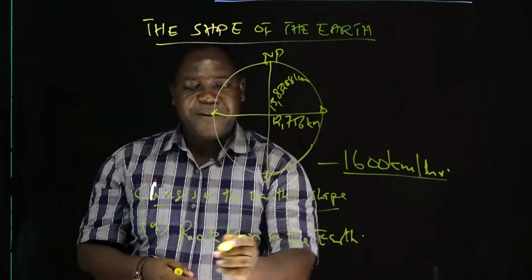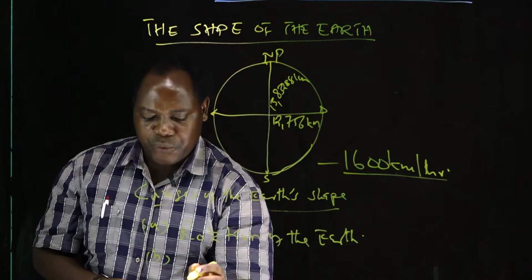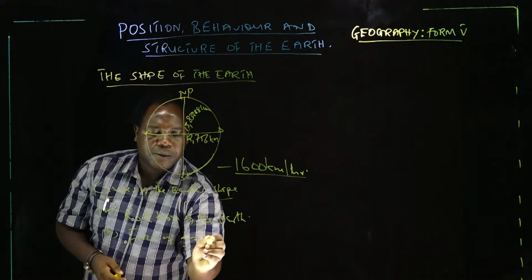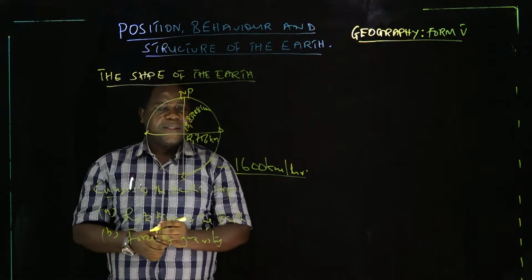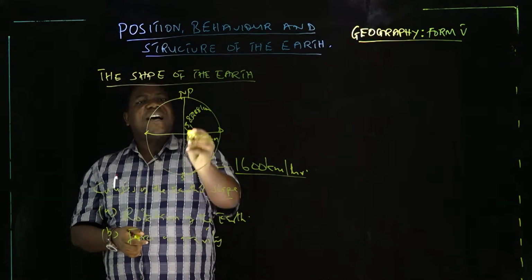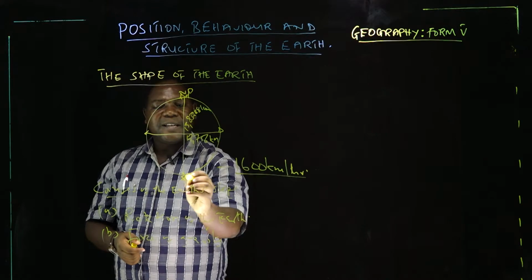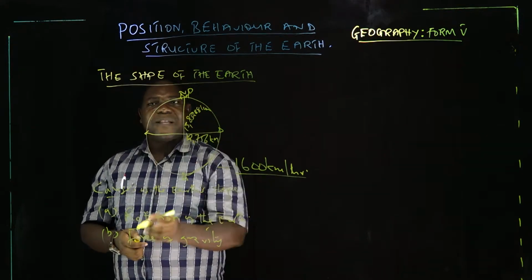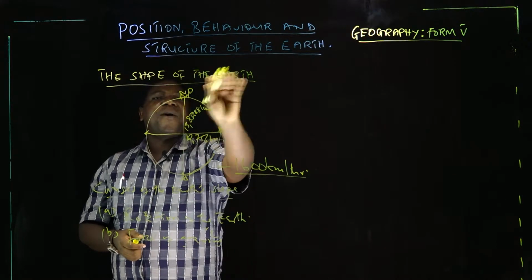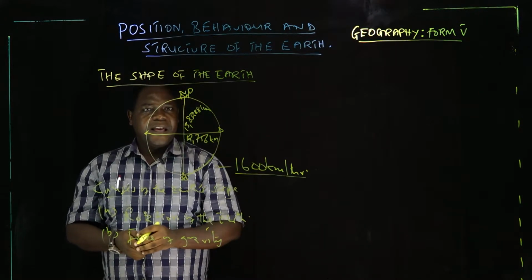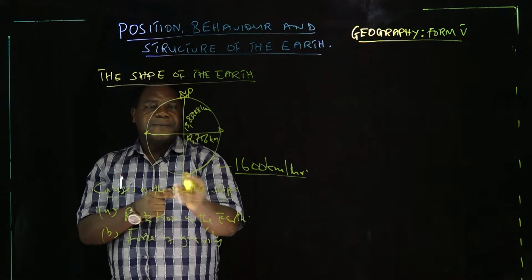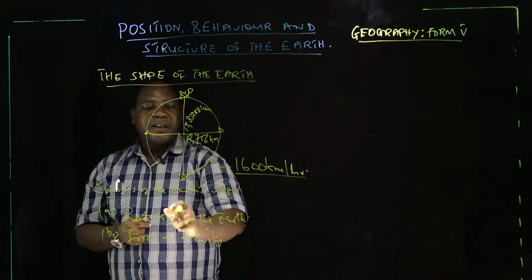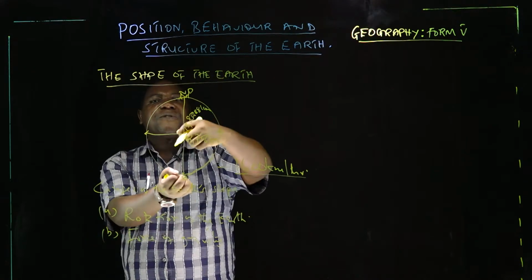And at the same time, we have the second cause, which is force of gravity. The force of gravity is very high at the poles than any other place of the earth. And at the poles, the speed of the earth is almost absent, if not there. And therefore, as the earth rotates, and the speed is almost absent at the North Pole and South Pole, the force of gravity pulls on both sides.